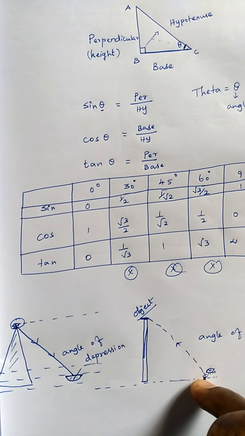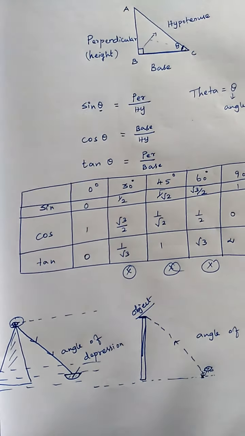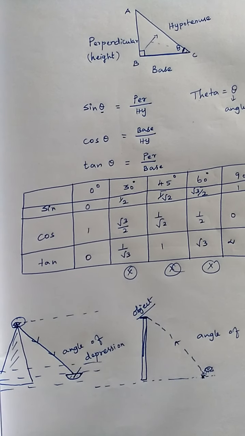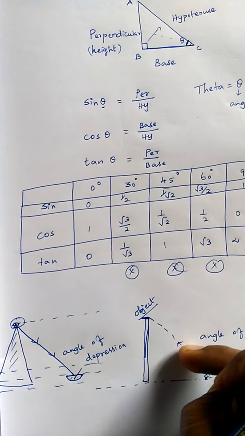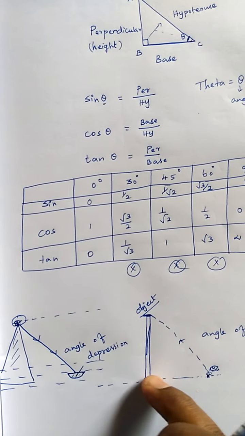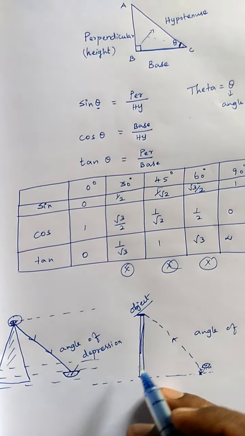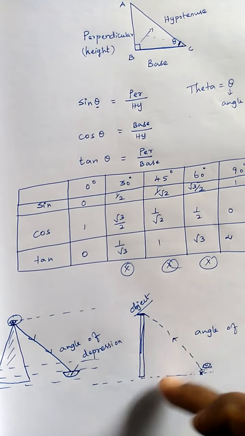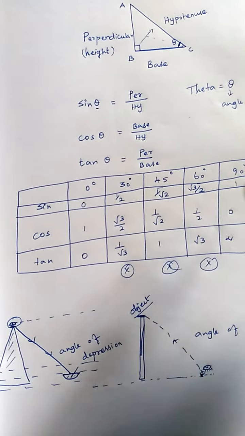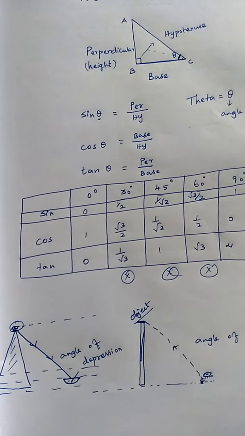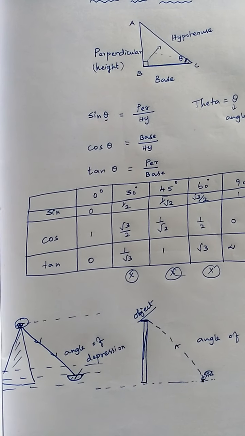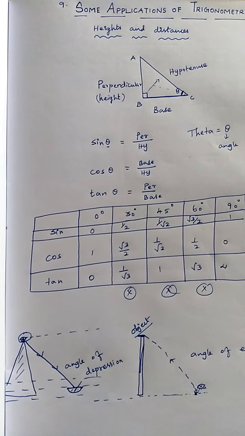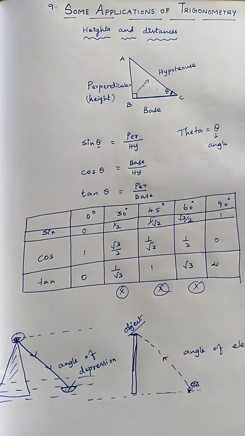To find the height of a tree, we don't need to climb or use a tape. We need only one angle and the base side. The base you can easily measure because it is on the ground. With the help of this formula, we can find the height of the top of any mountain or anything else. So this is the introduction part of applications of trigonometry.